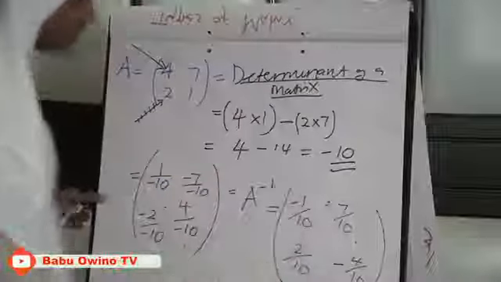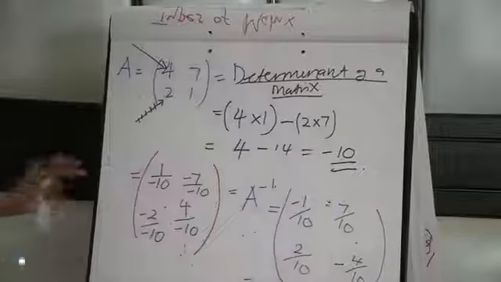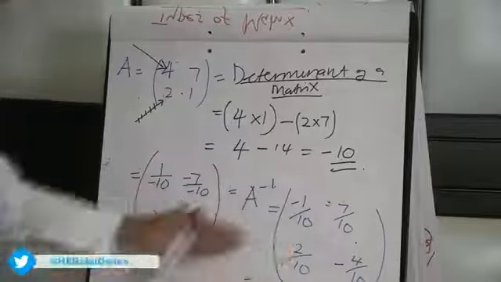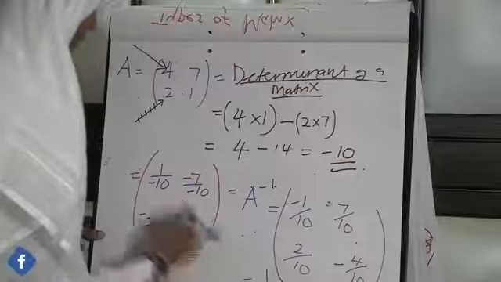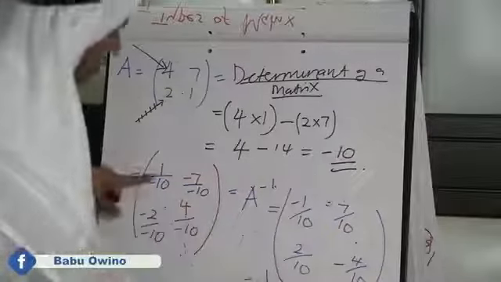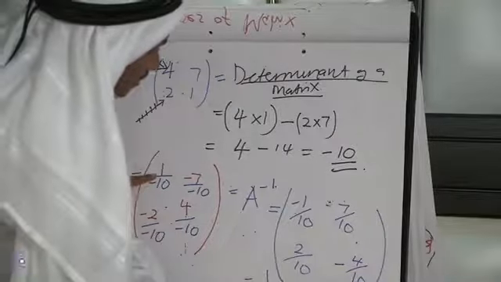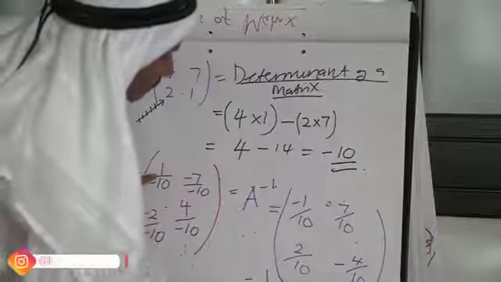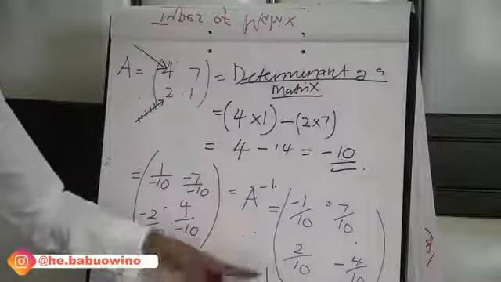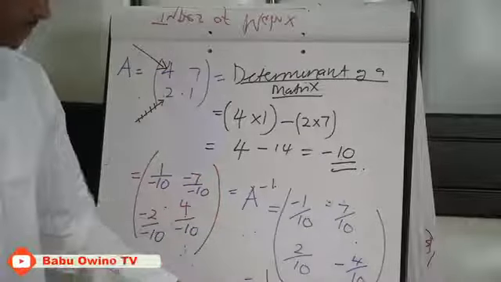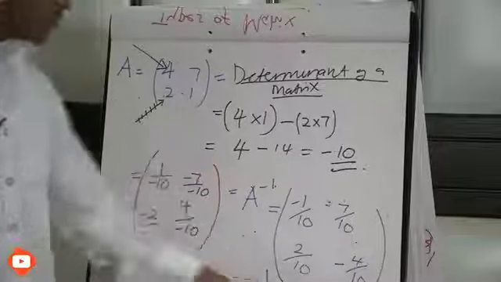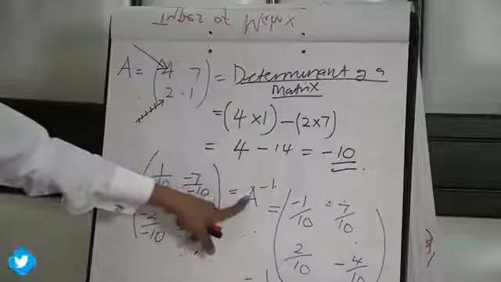So this is the inverse, which can also be written by factoring 1 over 10 outside, and you remain with minus 1, 7, 2, minus 4. Therefore, the inverse of a matrix is 1 over the determinant of this matrix times the adjusted matrix. You get the inverse of A.